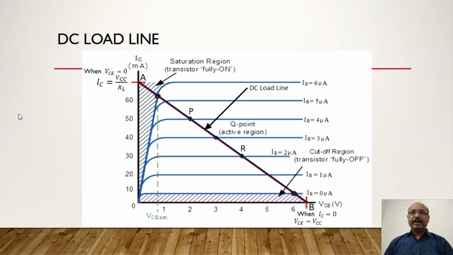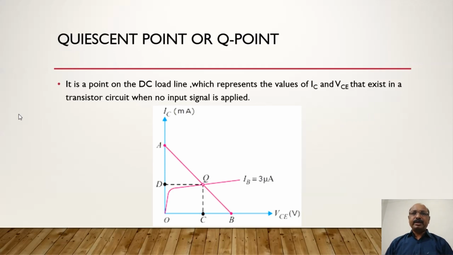Now see how to find the operating point from the output characteristics and the DC load line. A point on the DC load line which represents the values of IC and VCE that exist in a transistor circuit when no input signal is applied is called the operating point, also named the quiescent or silent point, or shortly the Q point.